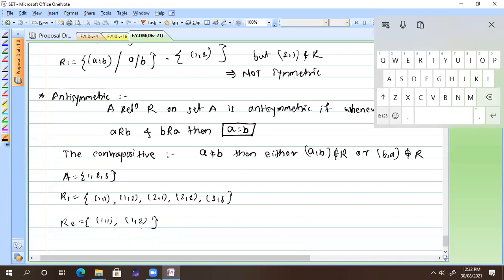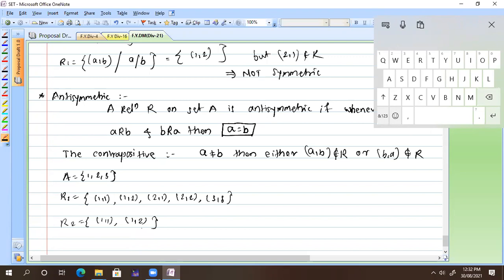Sir, it is not anti-symmetric. Are you talking about the first one or the second one? Sir, the first one. Why is it not? Can you explain? Because 1, 2 and 2, 1 are both there. Symmetric and antisymmetric are little bit different concepts.